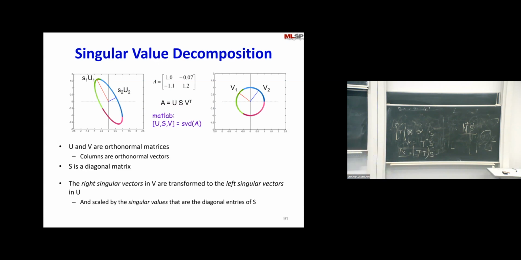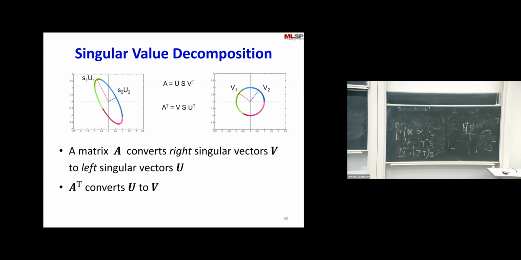Now, the singular vectors have a whole bunch of properties to them. I'll leave those on the slides. But give me a couple of minutes about SVD, which clearly really matters, right? SVD transforms the right singular vectors to the left singular vectors. The transpose of the matrix is going to transform the left singular vectors to the right singular vectors.